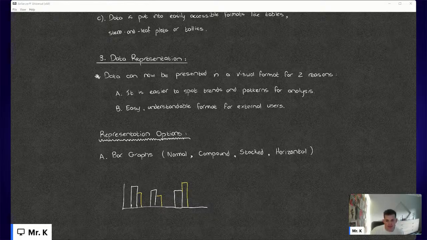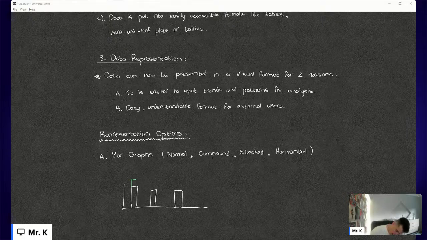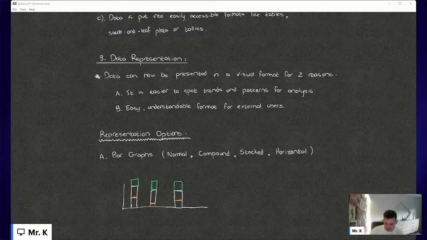Like you can see that I've just drawn very roughly over there. What is a stacked bar graph? Well, this is when we decide to have multiple pieces create our vertical bars, right? Sometimes they are separated into many sections, like so. This is what we would call a stacked bar graph.